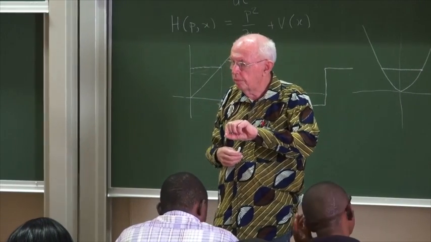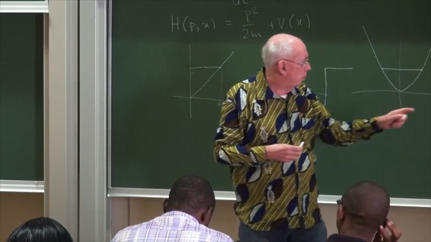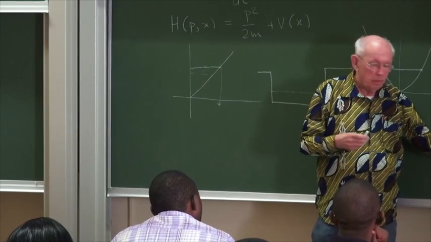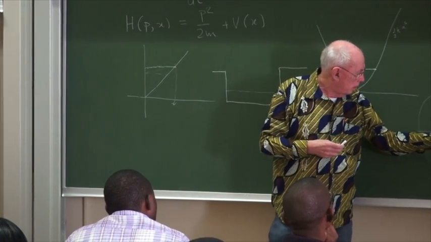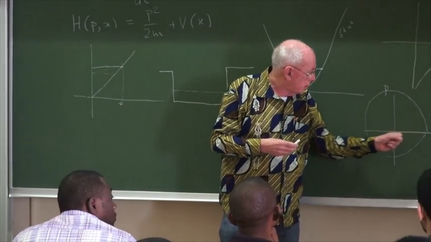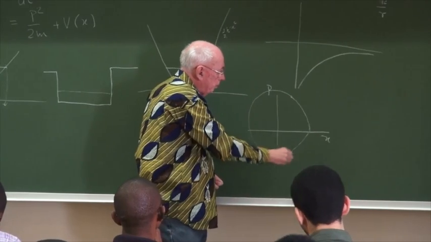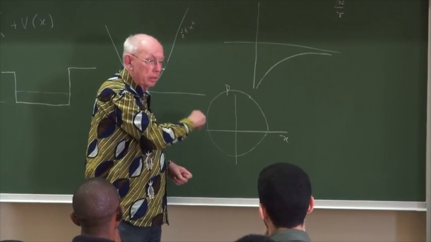So as a function of time, if I give you something like this, you can say, I'm here at this point. This is a movement in phase space on a certain line.